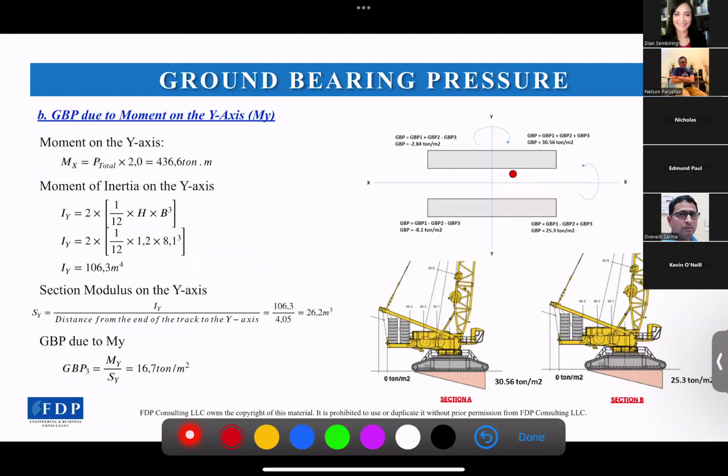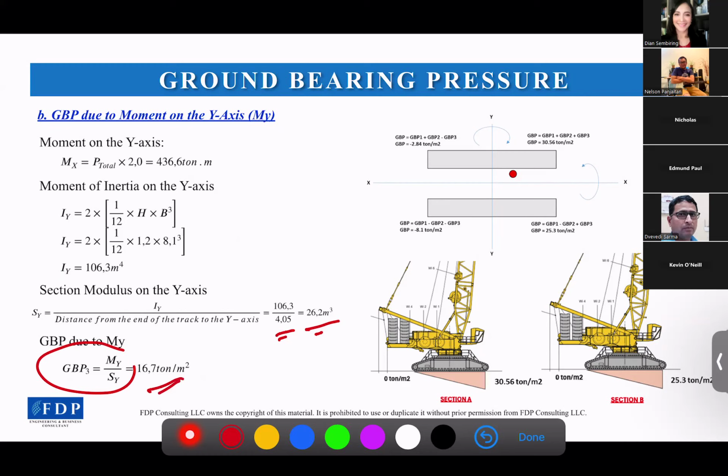Then we get the distance is 4.05, and the inertia is 106.3 divided by 4.05. We get the section modulus on the y-axis is 26.2 cubic meters. Then to get the ground bearing pressure, we use this formula, moment on the y-axis divided by the section modulus on the y-axis. We get 16.7 tons per square meter.